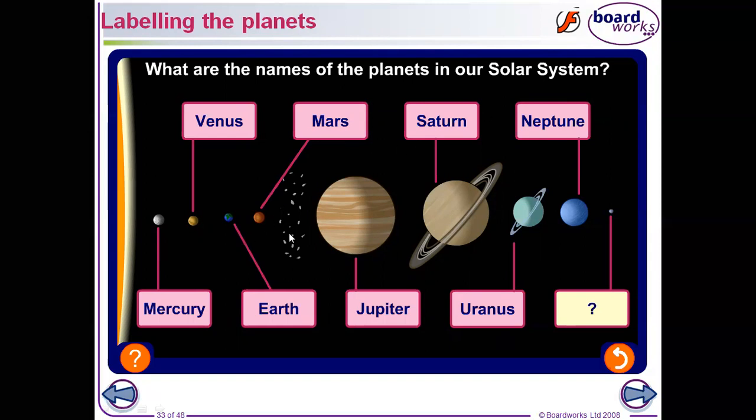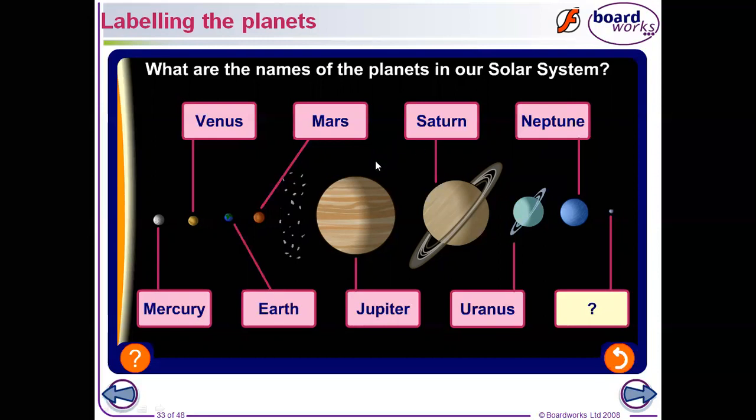Now, before this, we have these four planets. You can call them the inner planets or the rocky planets. While these ones are the Jovian planets, or the outer planets.